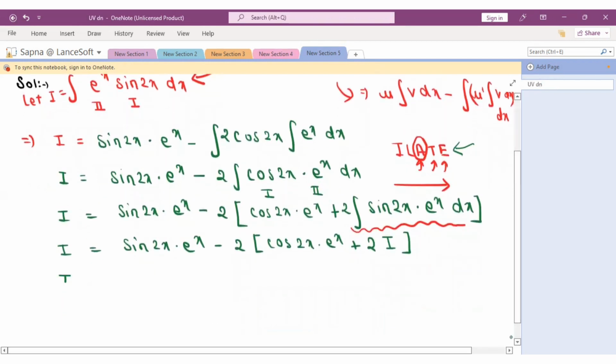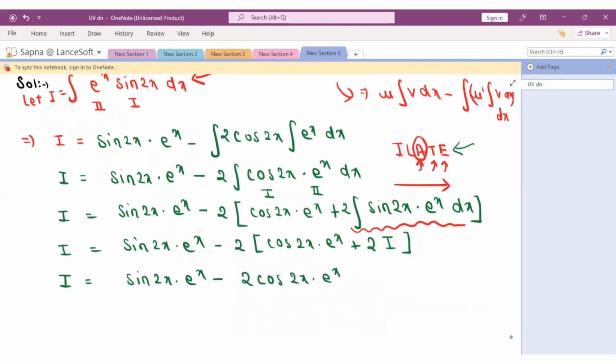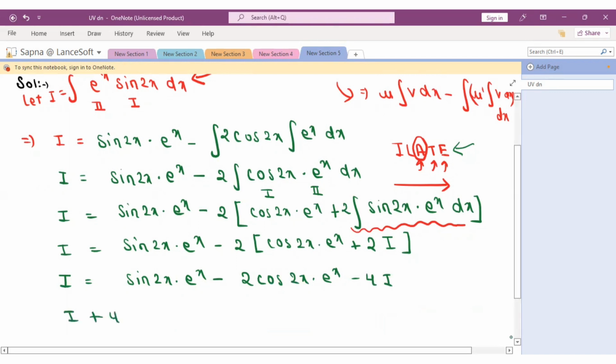So we can just write this as I is equal to sine 2x into e raised to x, and then we have minus, we will just multiply this, so twice of cos 2x into e raised to x, and then minus plus minus, so 2 into 2 is 4I. Now we can just shift this minus 4I to the other side, so this will become I plus 4I, and then here we can just take e raised to x common, of course.